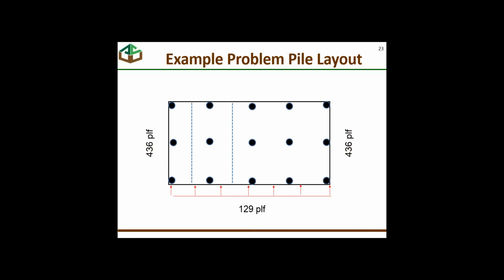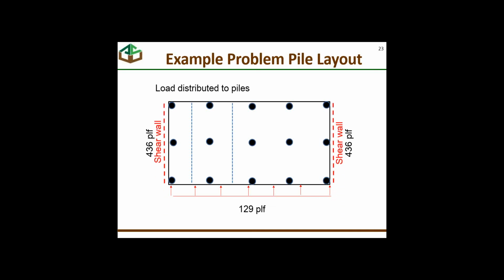Additionally, this is the load that is taken into the floor system. So the load at the bottom, at the interface between the bottom of the wall and the foundation, is 129 pounds a foot, and the shear on both walls is 436 pounds a foot. Let me just put these other elements up here.